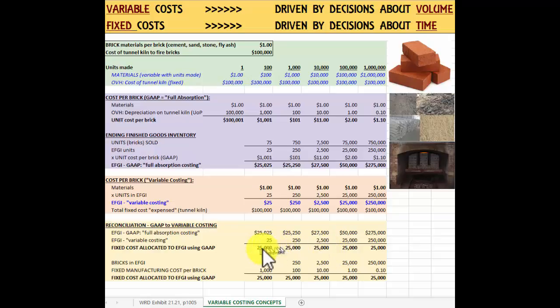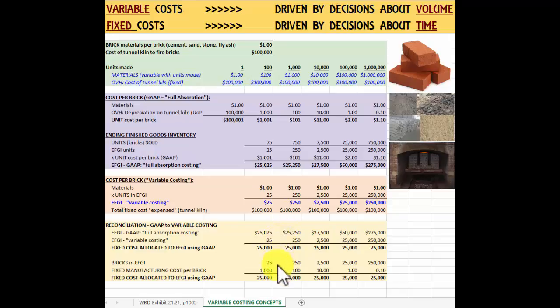Here's what you note. In each of the volume levels, the difference between full absorption accounting and variable costing is the amount of fixed costs that is allocated to ending inventory under full absorption costing.